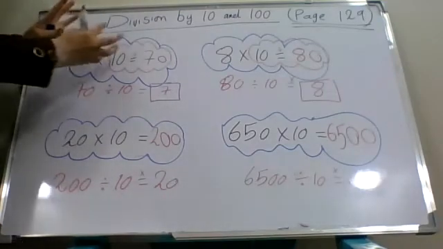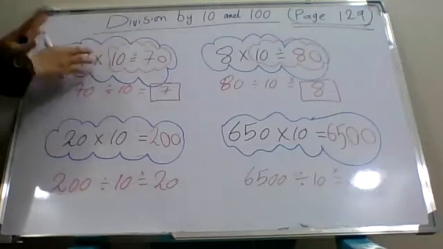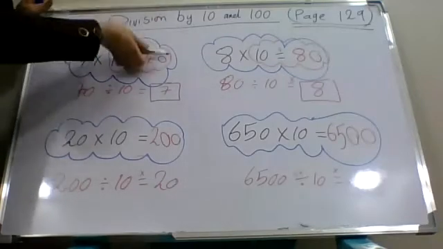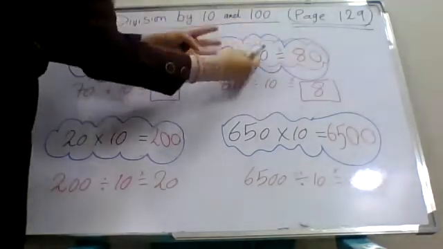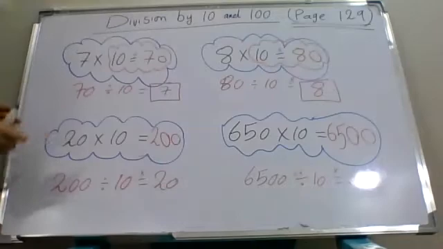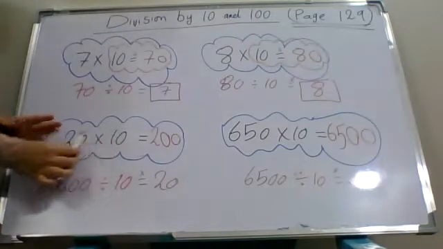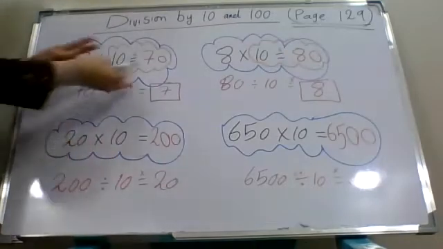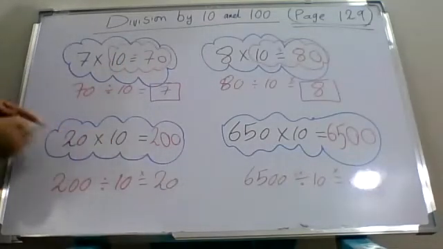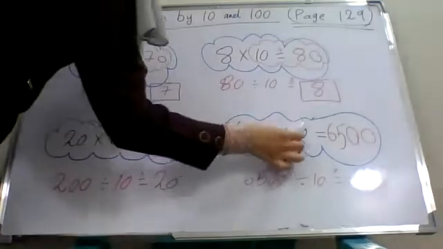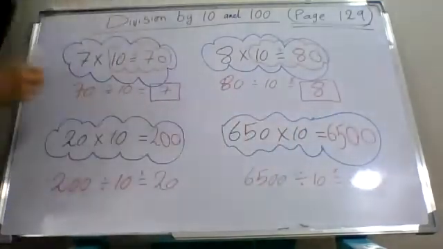I have 1 zero, I move it to the answer, then I start repeating. Over here, I counted how many zeros? I have 2 zeros, I move them to the answer. I write 0 0, then I multiply these single numbers together.